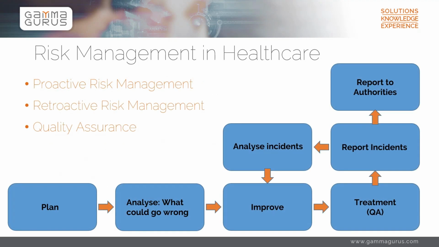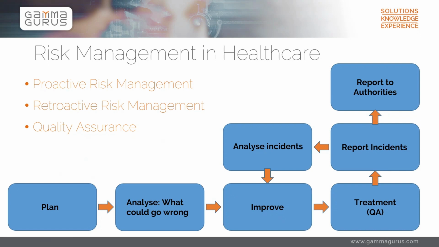So on screen is a flowchart of risk management in healthcare. Starting at the bottom left, we will initially start with a plan. We then analyze what could go wrong, how we can improve on as many areas as possible, and then we treat. Unfortunately, sometimes incidents do occur.